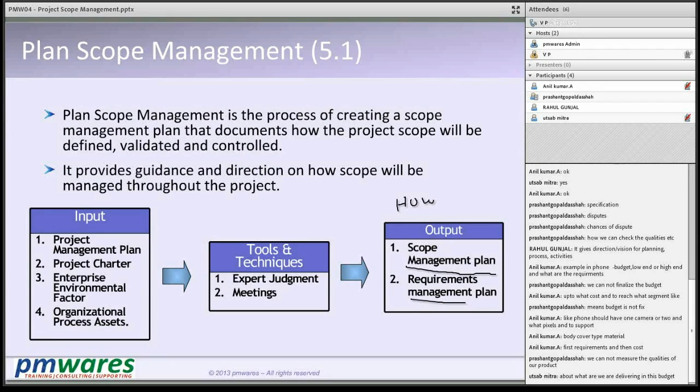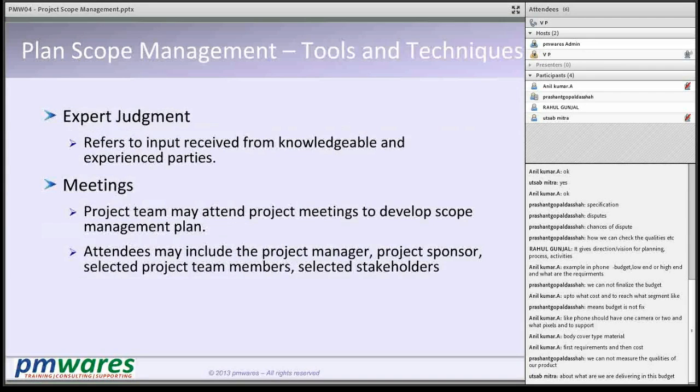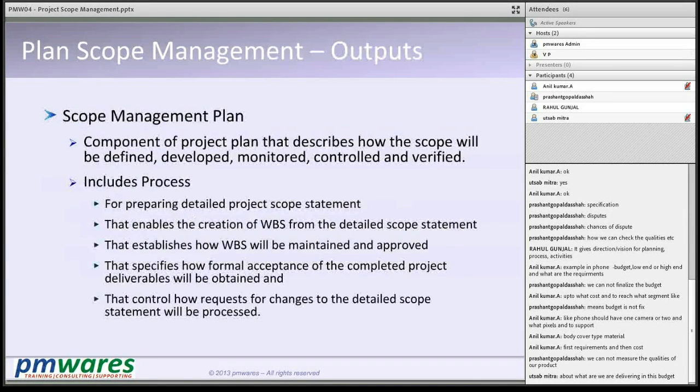So input is project charter. You prepare a project scope management plan and requirement management plan to define what tools and techniques you are going to use, what methodology you are going to use, how you are going to decompose your deliverables into smaller pieces, how you are going to control changes in the scope or changes in the requirement.